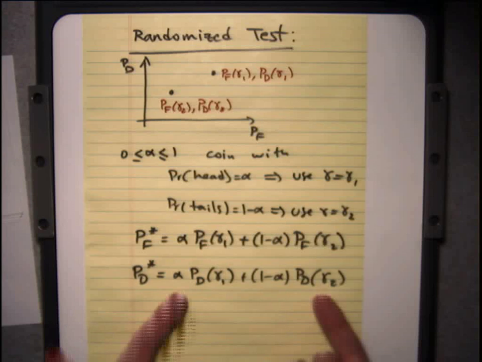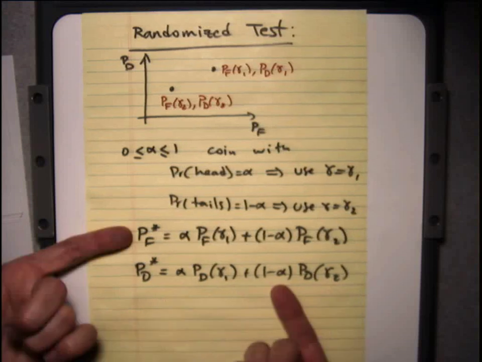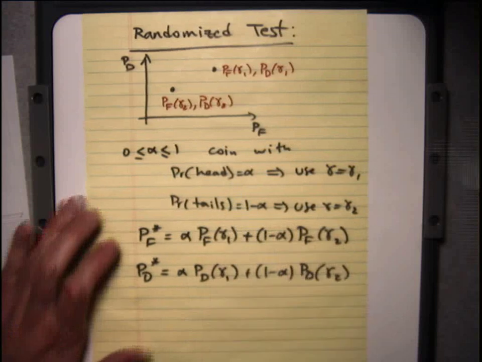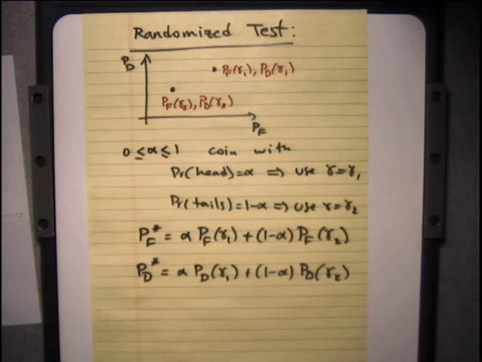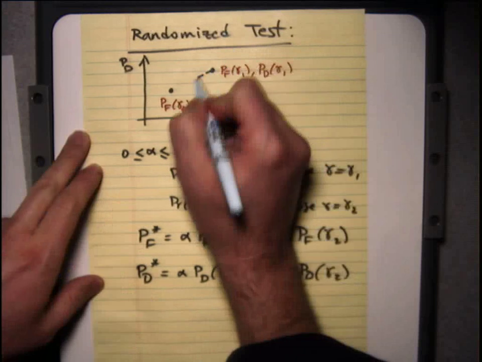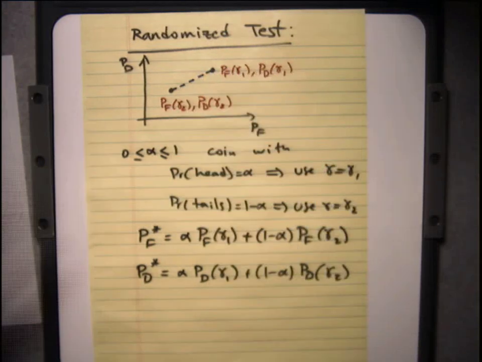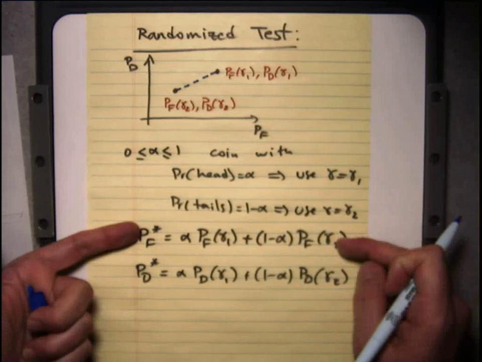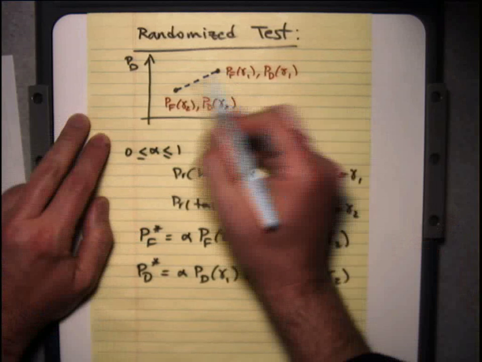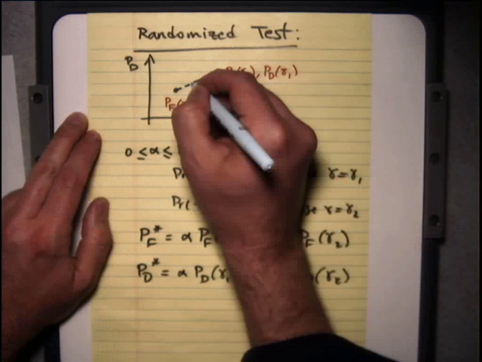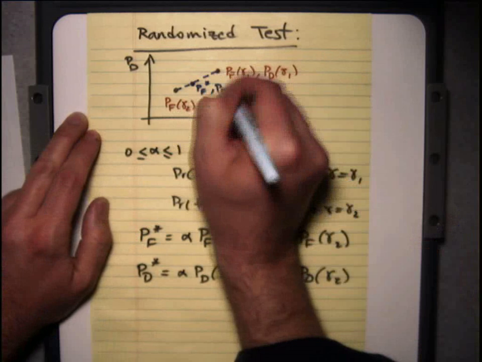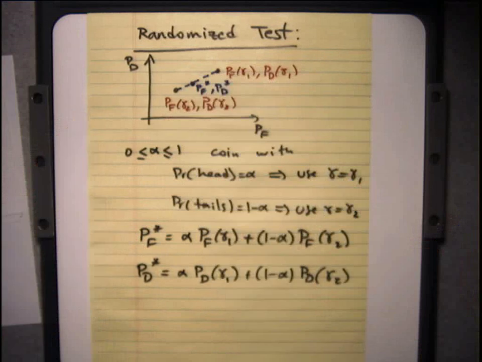What this means is that the PF star and PD star are actually going to live along the line connecting these 2 points. These two, in fact, define all the points along this line. So PF star, PD star is somewhere along this line. Okay?